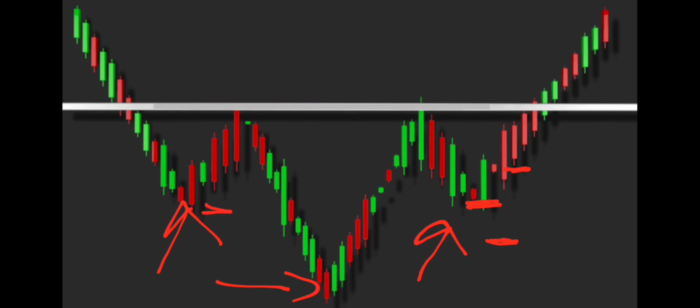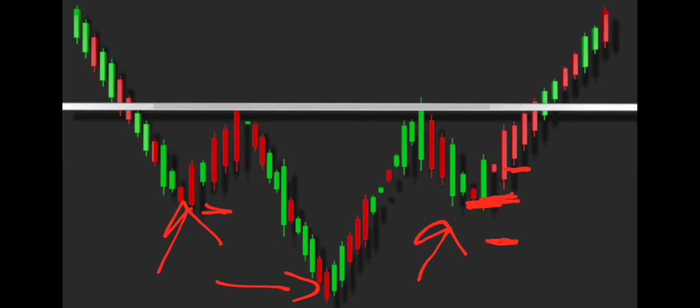But when we see that price is now moving up, showing us very bullish candles at the second shoulder, then we should know that that is the formation of a head and shoulders chart pattern. Then we enter for a buy. Do we get it now? So that is all about the head and shoulders pattern. We have the normal head and shoulders pattern, and we have the inverted head and shoulders pattern.